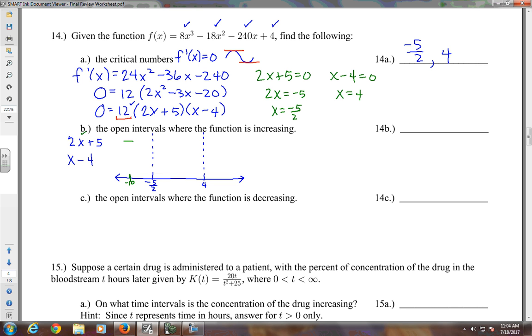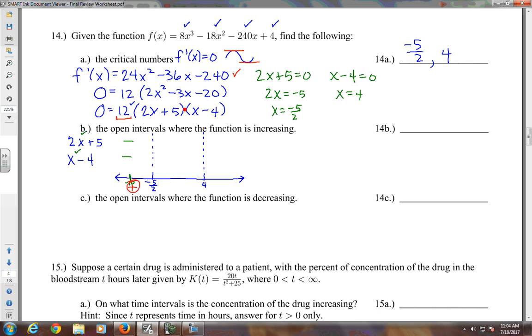If I plug my test point, negative 10, into the second factor, I'm going to see its sign is also negative. Now remember, our derivative up here is formed as the product of these two factors. A negative times a negative would give me a positive. So on that interval, the derivative is positive. That means the original function is increasing.